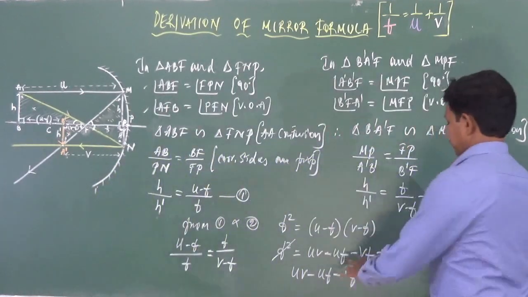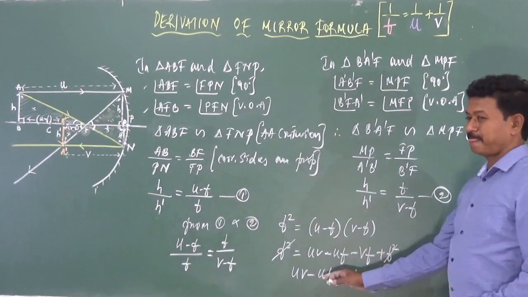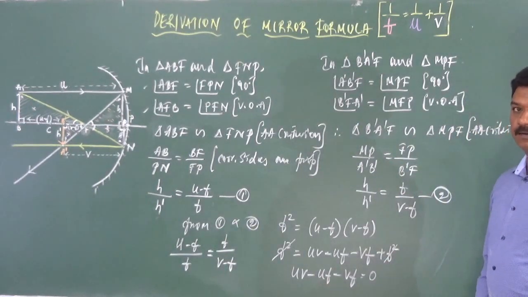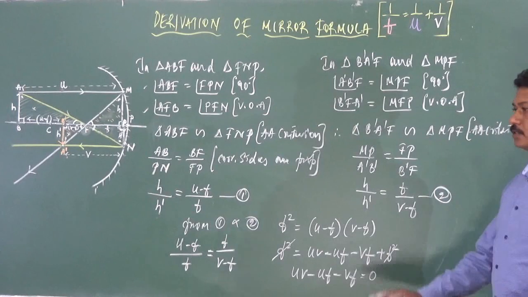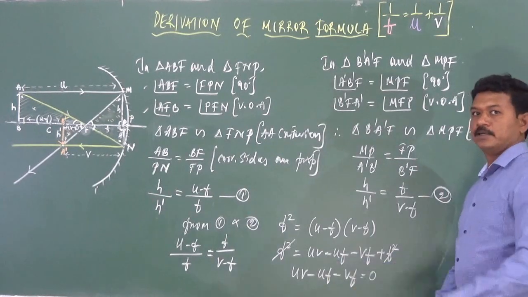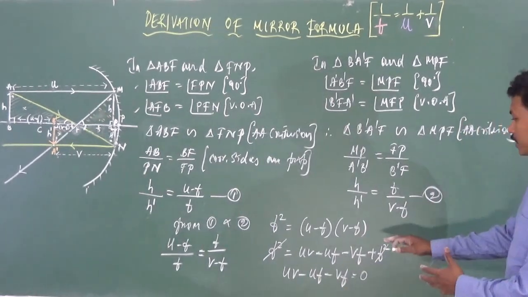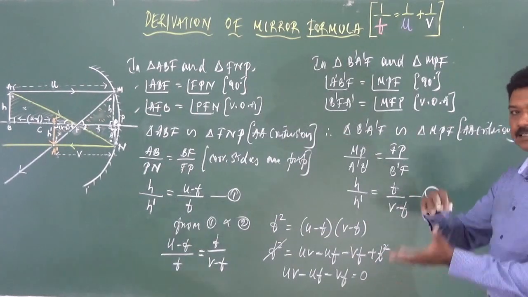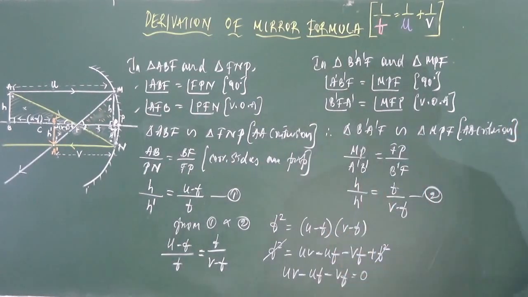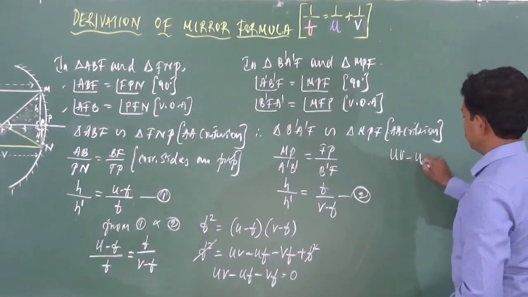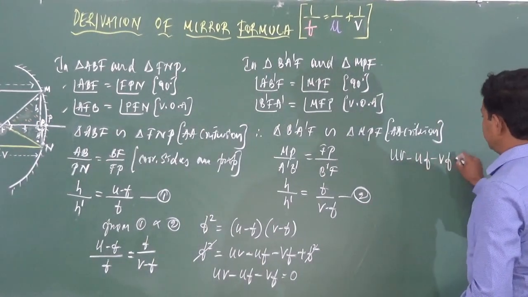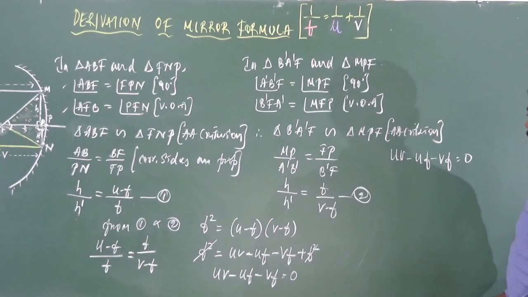Now, here actually this is the mirror formula, but not handy. We cannot handle this while solving numericals. So we will alter this and make it handy so that we can easily apply it while doing the problems. So UV minus UF minus VF is equal to 0. This is what we have got.